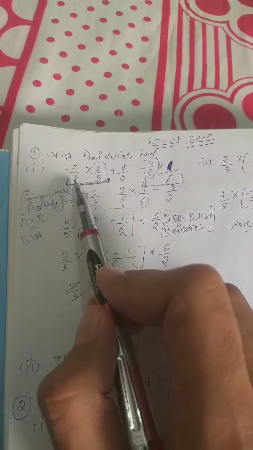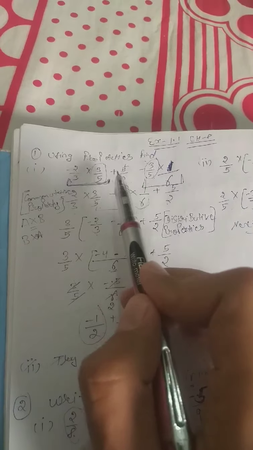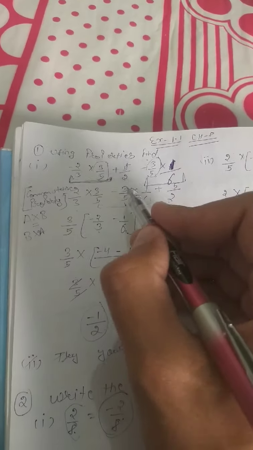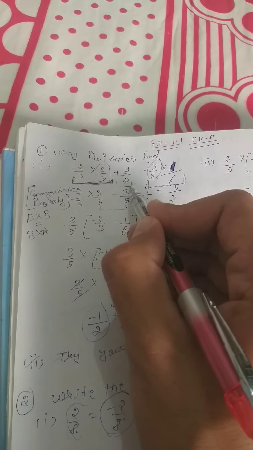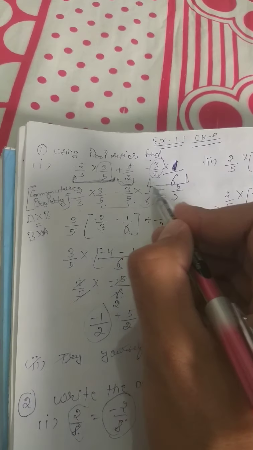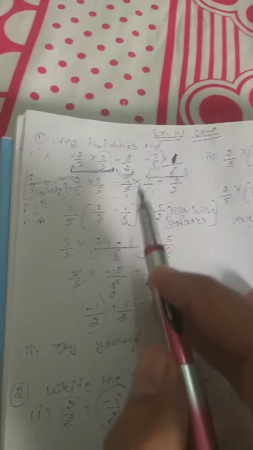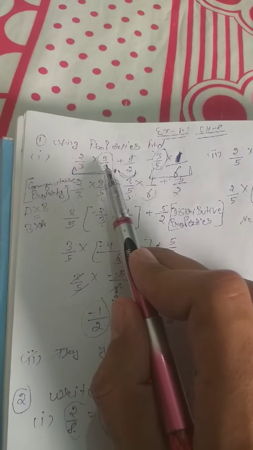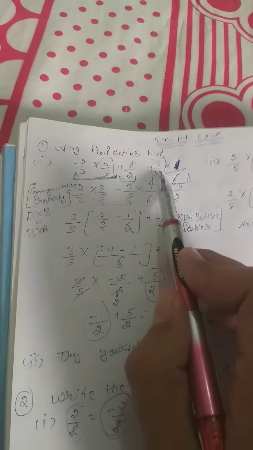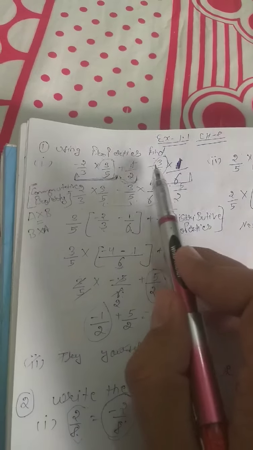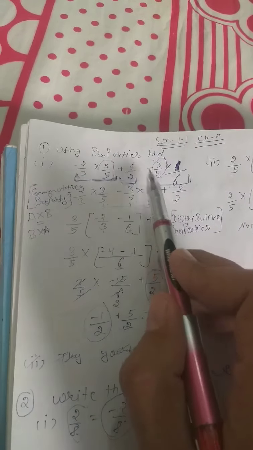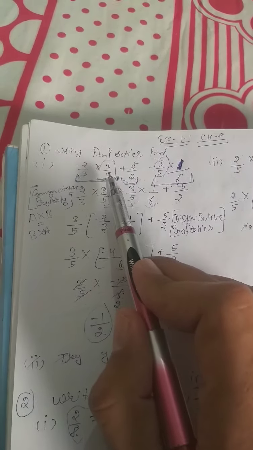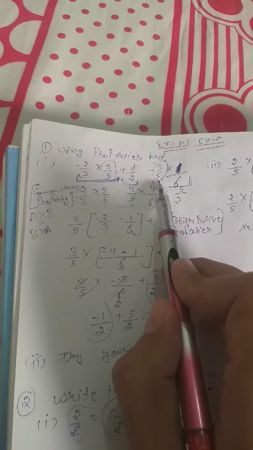In this question we have three terms: first term, second term and third term. In the first term and third term we have one common fraction, 3 by 5. So we have to take these two terms together.